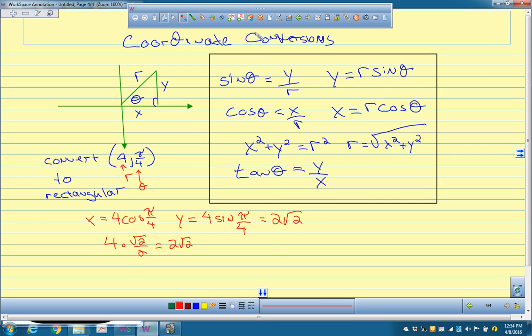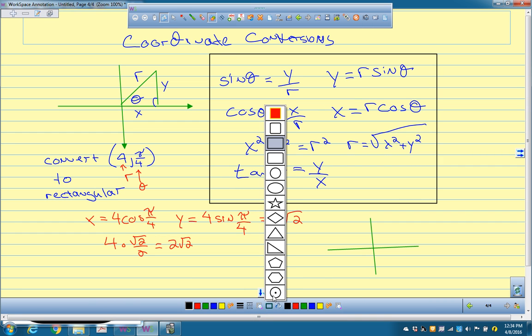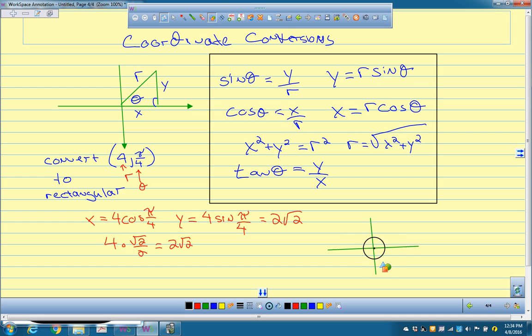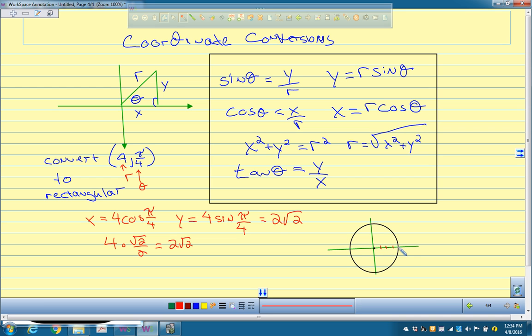And so what that means is that if I were graphing the points, let me just draw a circle real quick. If I had a point where I go out 1, 2, 3, 4, and rotate through an angle of pi over 4, which is how many degrees? 45 degrees, okay?